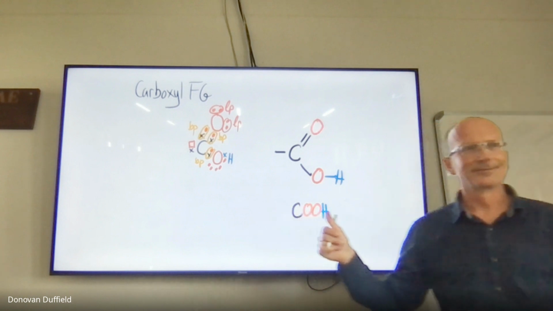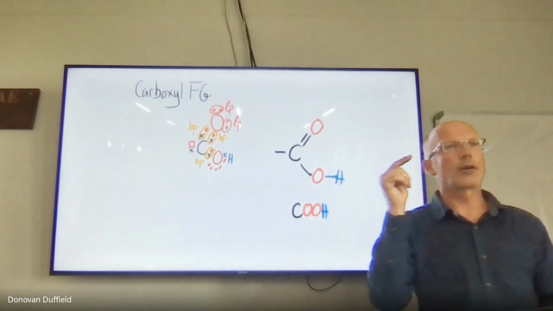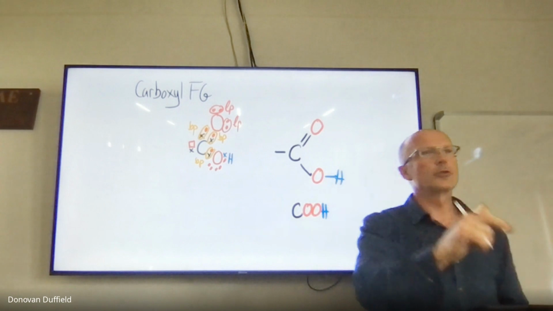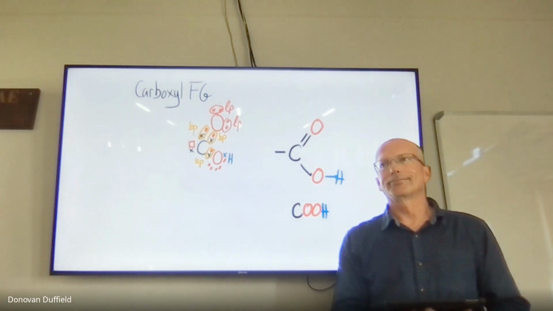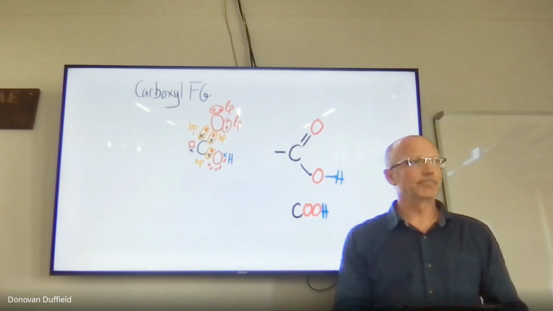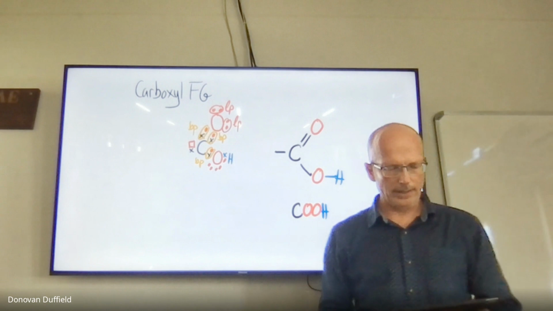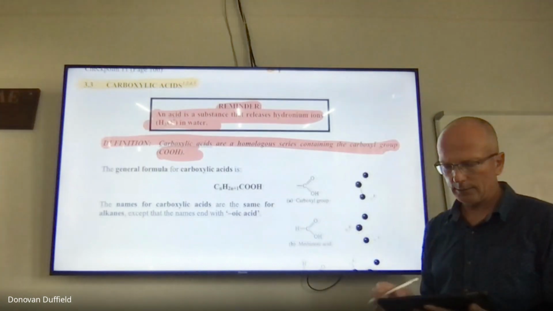Okay. Q group. Can you give me an example of a carboxylic acid that we use on a regular basis? Vinegar. Vinegar is ethanoic acid. Okay. So if we go back, all right?